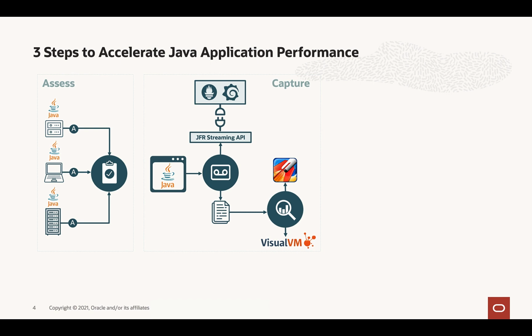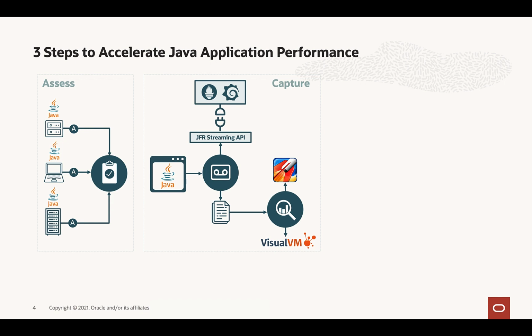So once we have the data in place using JFR, we need tools to evaluate and analyze the data. And that's where JDK Mission Control comes into play, or JMC. JMC is an advanced set of tools that enable detailed analysis of the data we've collected using JDK Flight Recorder.